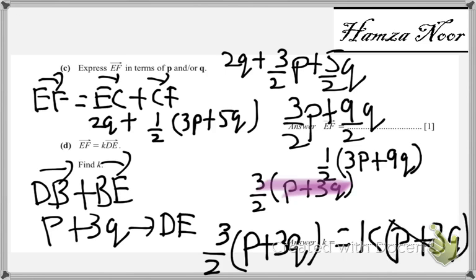P plus 3q and P plus 3q are cancelled out. Basically the DE vector was P plus 3q, right? So k is equal to 3 over 2, since P plus 3q is cancelled out. This is your final answer.